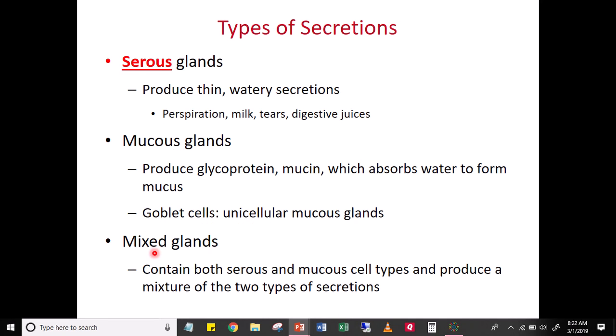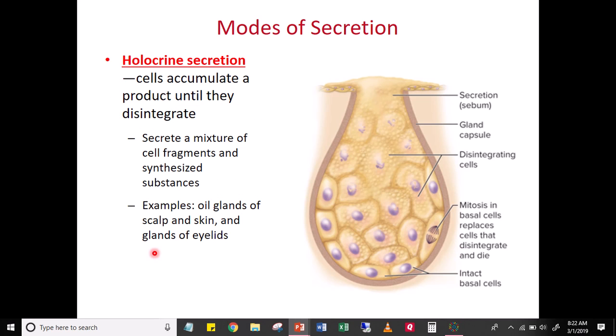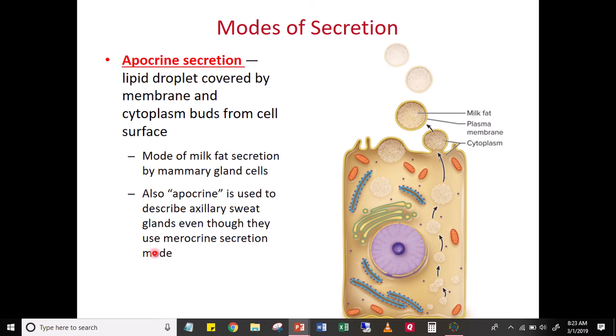So let's move on to modes of secretion in our bodies. We have apocrine, merocrine, and holocrine. We'll start with apocrine. When we look at apocrine, I want you to write in the margin notes right now, budding. When we have an apocrine secretion, we have a budding of the chemical.